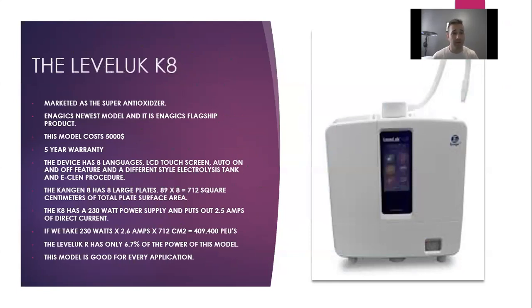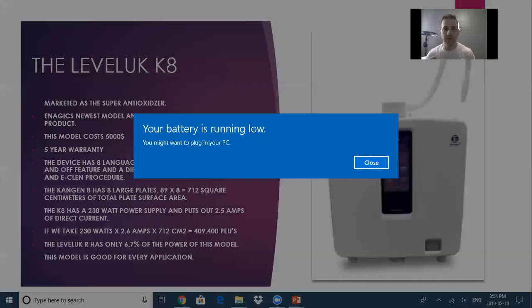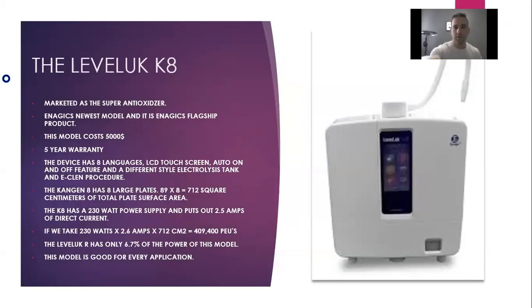We multiply that by the 230 watts that the power supply is, and it puts out 2.5, I put 2.6 amps, but it's 2.5 amps, times 712, and we get 409,400 potential electrolysis units. So the greater that number is, the more therapeutic the 9.5 really is going to be.